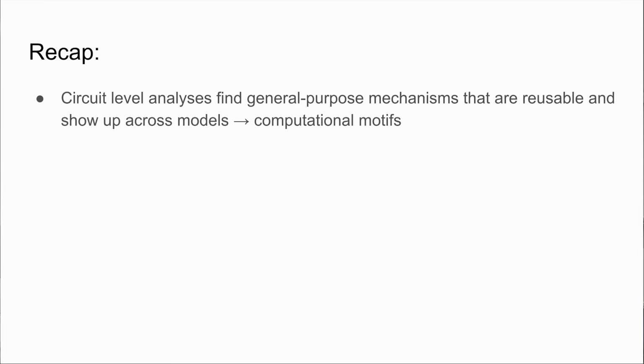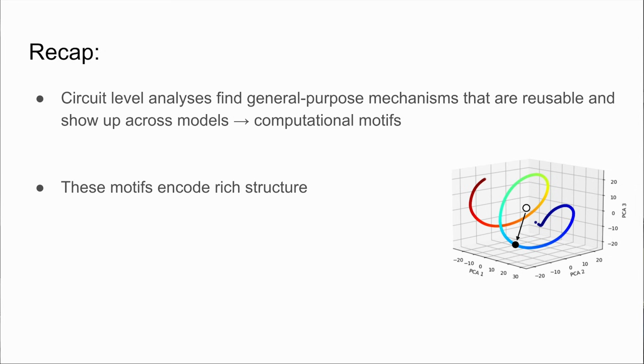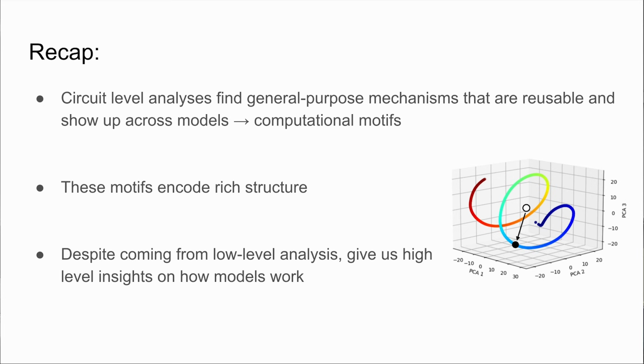You could look at neurons or SAE features or cross-layer transcoder features, things like that, that break up the computation a lot. But doing this kind of analysis is leading us to a higher-level understanding and helps us find really rich and interesting structure. And I think it is giving us a good mental model of what kind of computer a language model is.